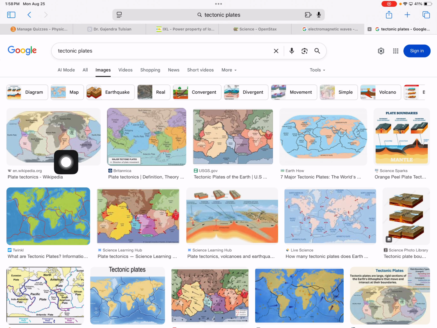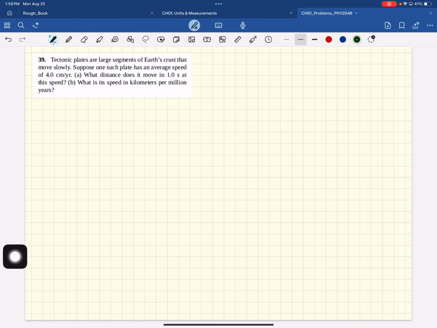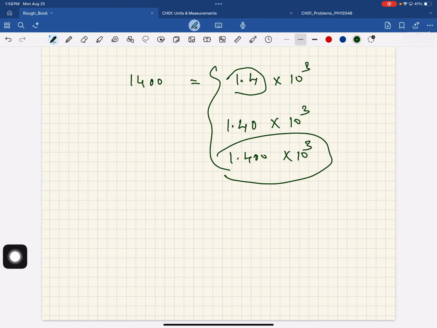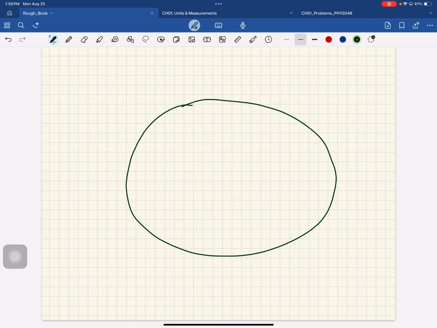You see, the Earth's crust is broken up into plates like that. Do you guys know what is the radius of the Earth?